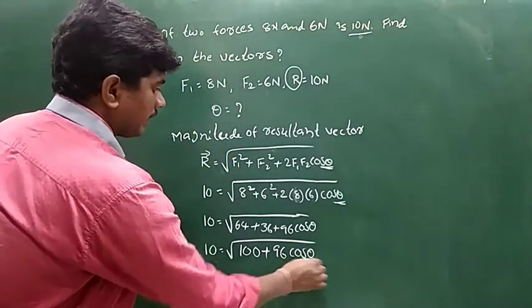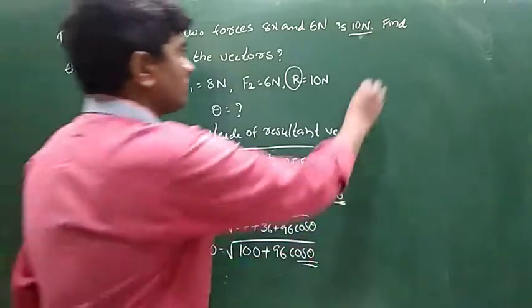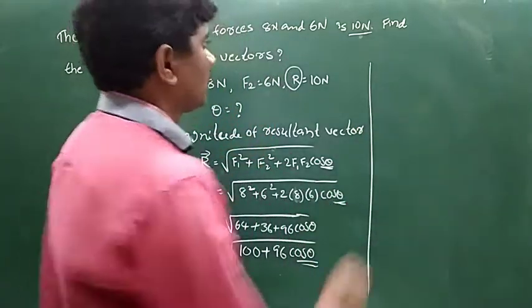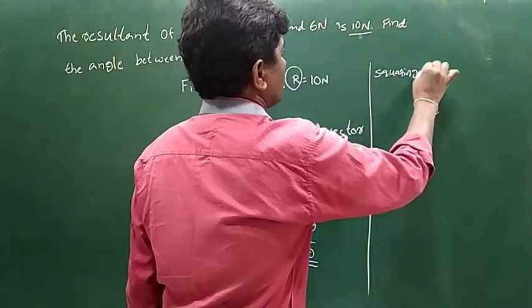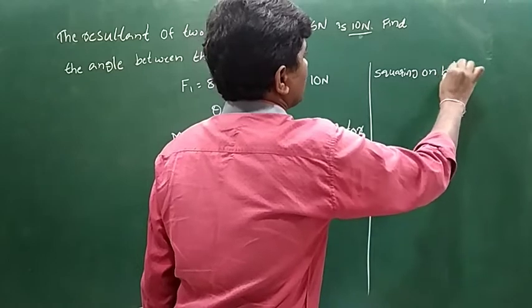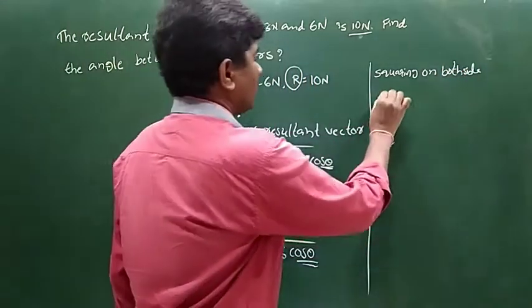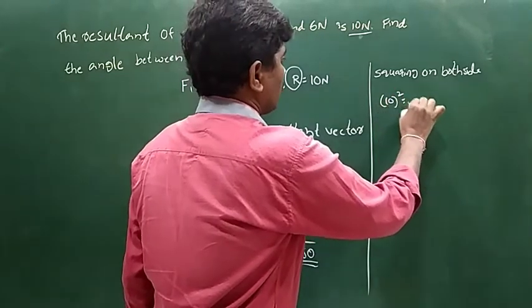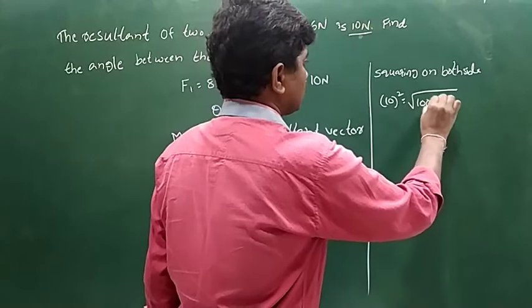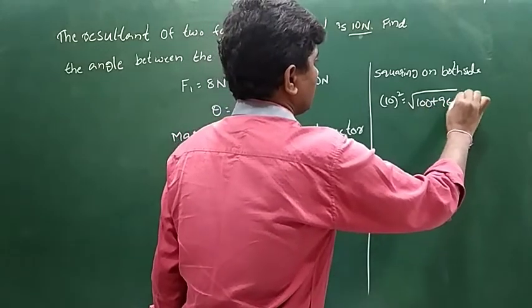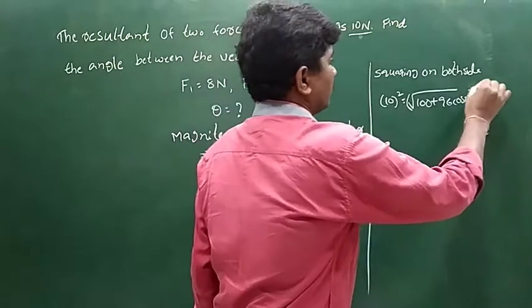To find the theta angle, squaring on both sides. 10 square equals under root of 100 plus 96 cos theta, the whole square.